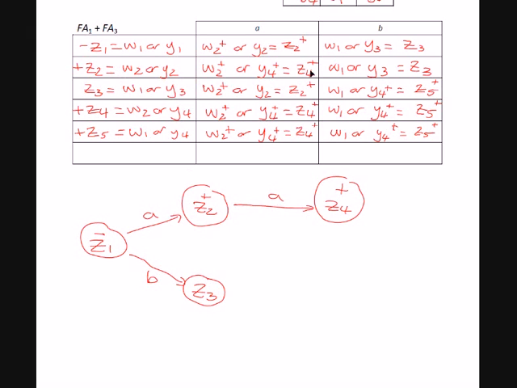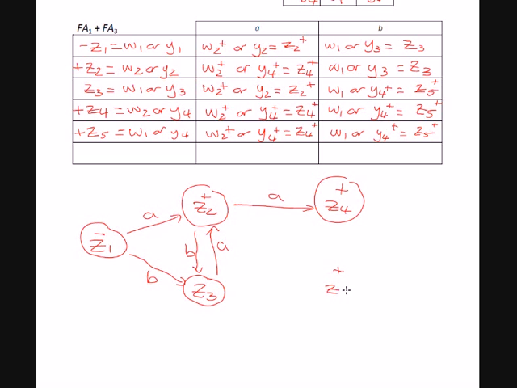In Z2, if I read a B, it takes me to Z3. In Z3, if I read an A, it takes me to Z2. In Z3, if I read a B, it takes me to a final state Z5.